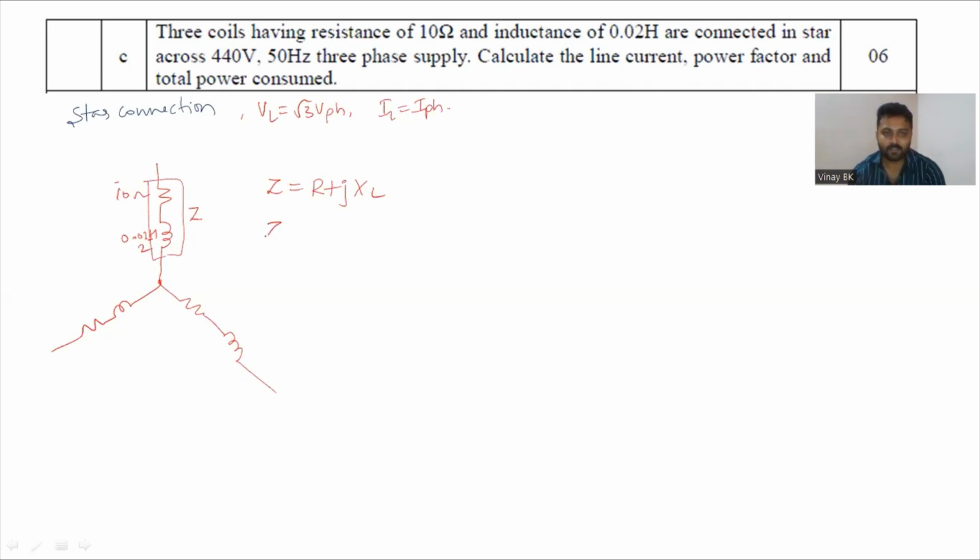So you can write Z equals R value, 10, but they have given the value of L. You need to find the value of XL. XL is given by 2 pi F into L. Frequency they have given is 50 Hertz. So 2 pi into 50 into 0.02, you can get the value of XL. We can get 6.283.